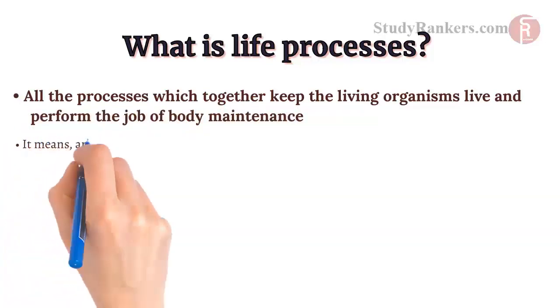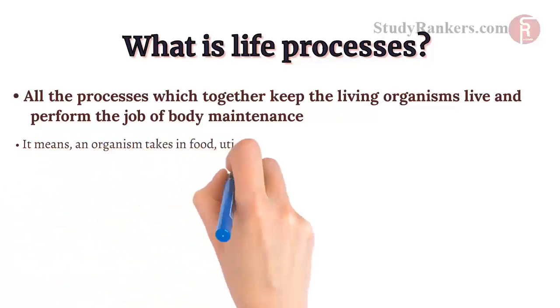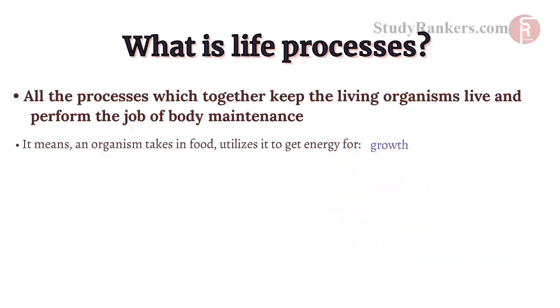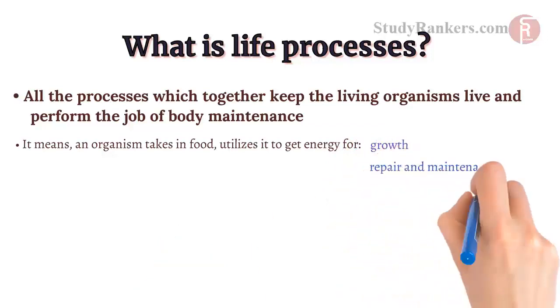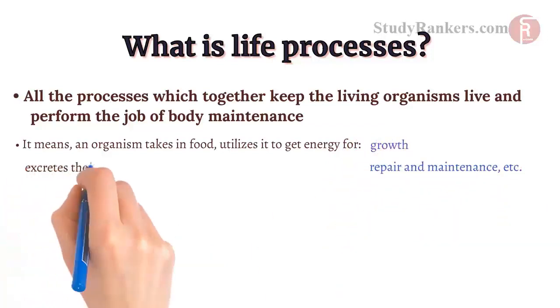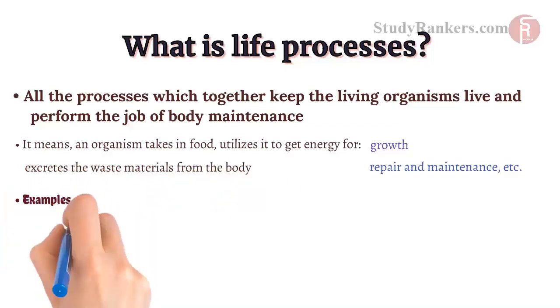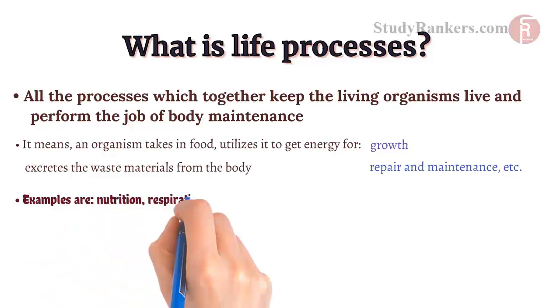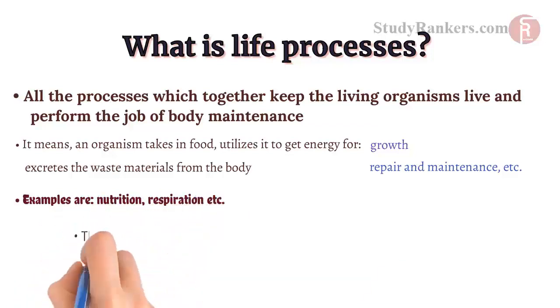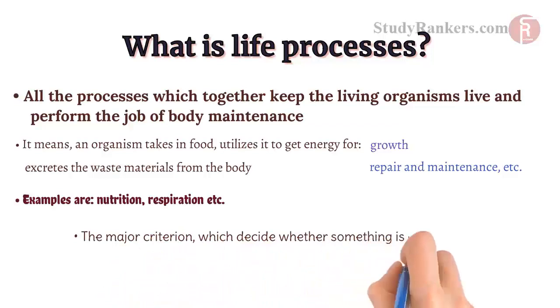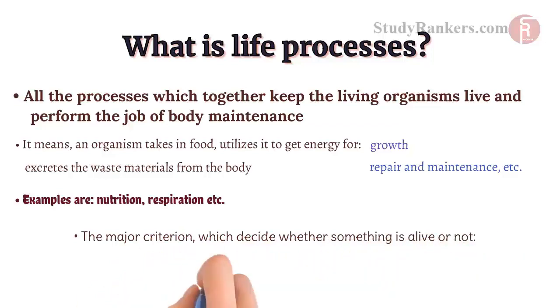It means an organism takes in food, utilizes it to get energy for growth, repair and maintenance, etc., and excretes the waste materials from the body. Examples are nutrition, respiration, etc. The major criterion which is used to decide whether something is alive or not is movement and growth.